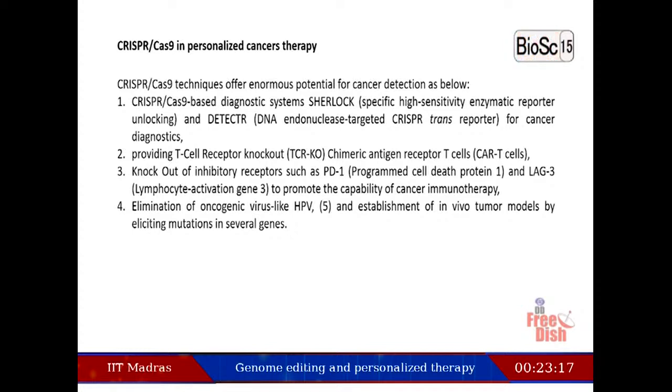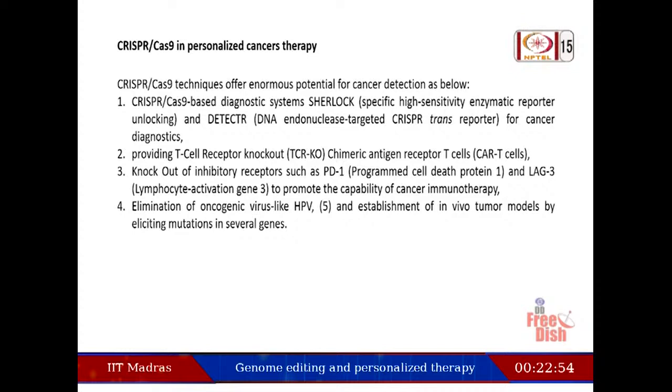The CRISPR-Cas9 based diagnostic system SHERLOCK, specific high sensitivity enzymatic reporter unlocking, and DETECTR, DNA endonuclease targeted CRISPR trans reporter, for cancer diagnostics, providing T cell receptor knockout, TCR-KO, chimeric antigen receptor T cells, CAR T cells, about which we have discussed at length in the earlier lecture also.